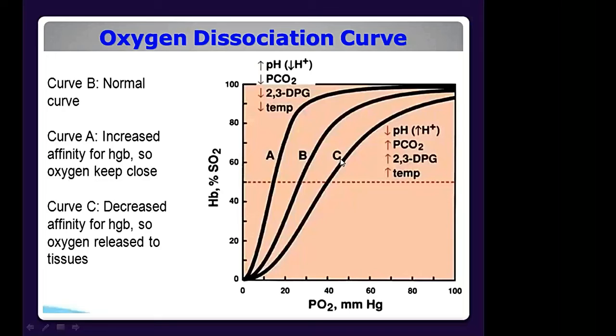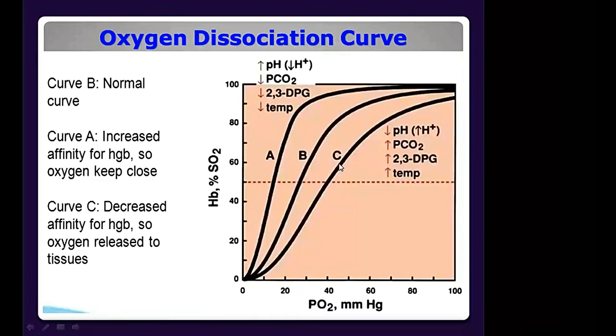A and C are abnormal. When you get this shape in the A curve, the conditions are like this: increased affinity of hemoglobin for oxygen, so oxygen is held closely. Temperature decreases, the level of 2,3 diphosphoglycerate decreases, PCO2 decreases, proton concentration decreases, pH increases. At that time you will get the A curve.